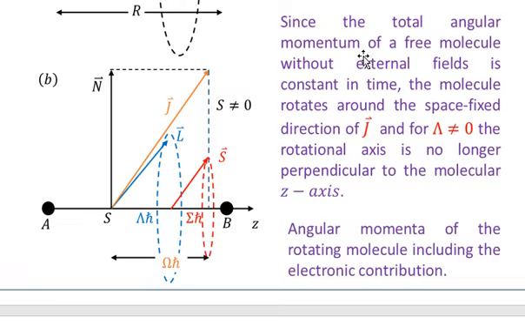Since the total angular momentum of a free molecule without external field is constant in time, the molecule rotates around the space fixed direction of J. Consider this sentence, that the molecule rotates around the space fixed direction of J, and for capital lambda not equal to 0, the rotational axis is no longer perpendicular to the molecular z-axis.